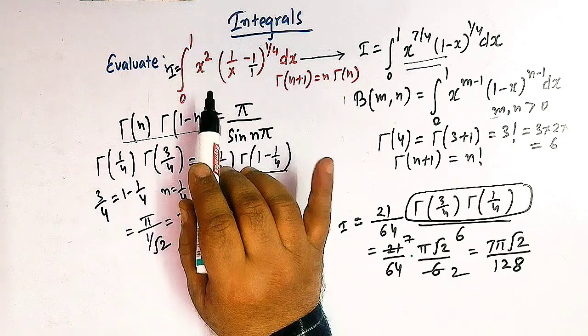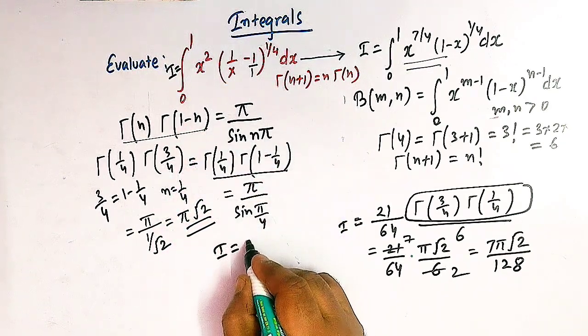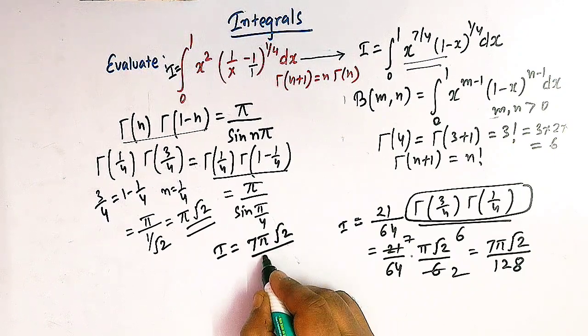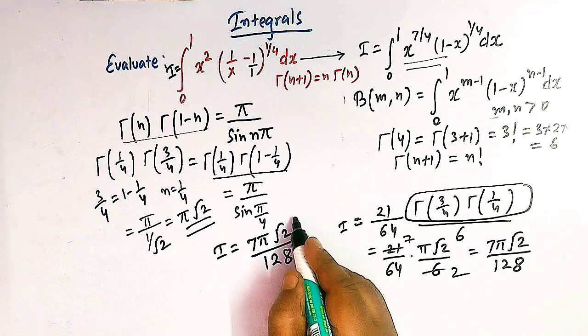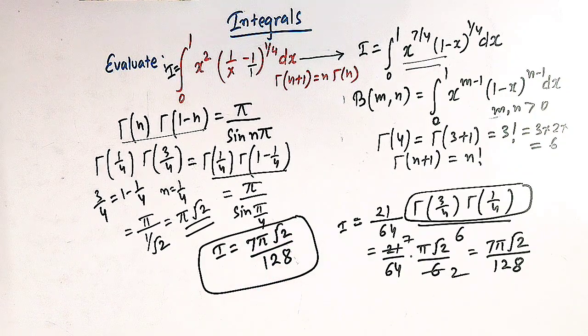So here is the value of this integral. I is given by 7 pi square root of 2 over 128. So this is how, by making use of the concept of beta and gamma functions, which are also known as Euler's integral, we can find the values of these types of integrals.